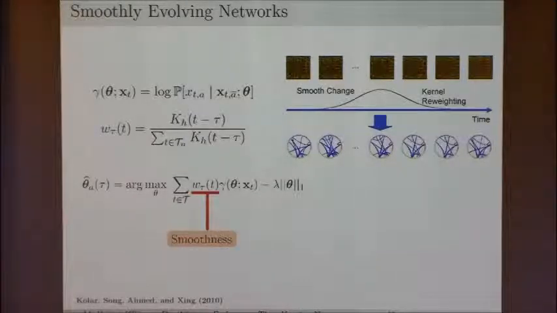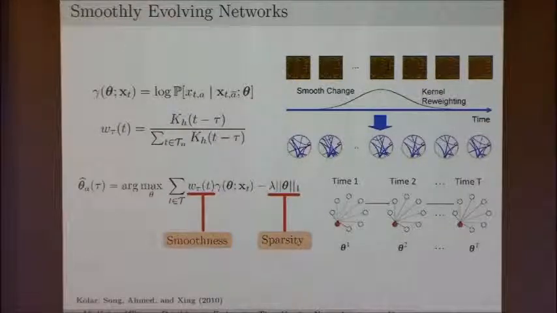So this term ensures that the estimator is going to be smooth, while the penalty is going to ensure that the network estimated at each time point is going to be sparse. So each neighborhood is going to be sparse. And then we are going to do this at multiple time points tau to get some insights about how a network evolves over time.